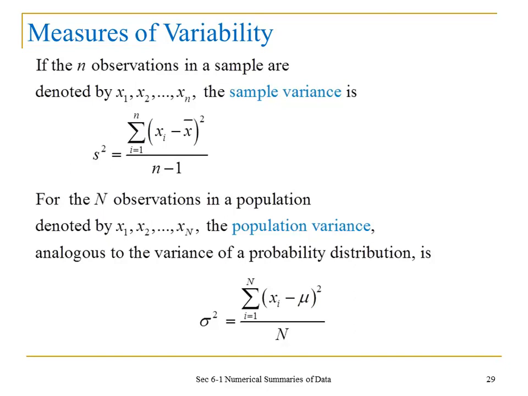This is called the degrees of freedom. And the main reason for that is we need to account for this estimator, which is the sample mean. So we are using an estimator to estimate another estimator. So that's why we need to take 1 degree of freedom for computing the sample variance, I'm sorry.